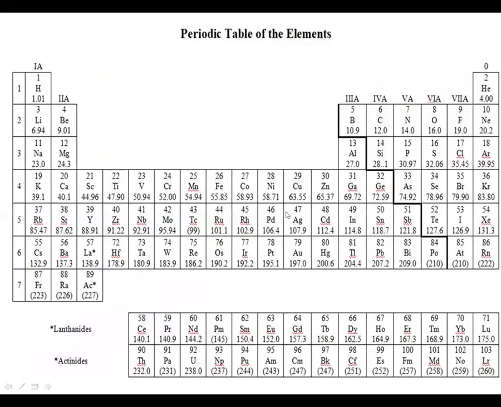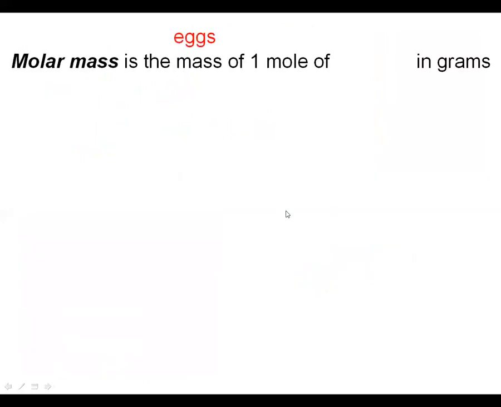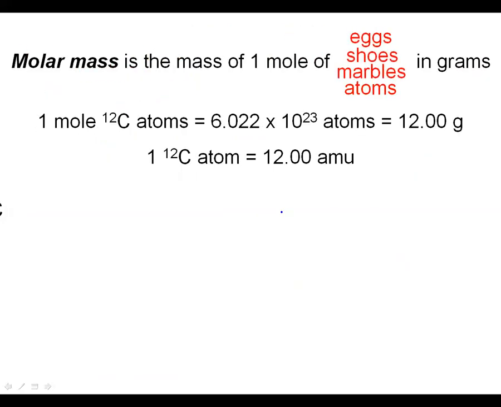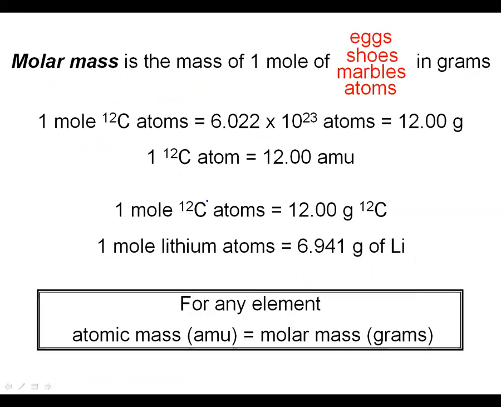So we'll come back to the periodic table there. That brings us to another really important conversion factor that we use a lot, and that's known as molar mass. Molar mass is pretty much what the name implies. It's how many grams there are in a mole of a substance.